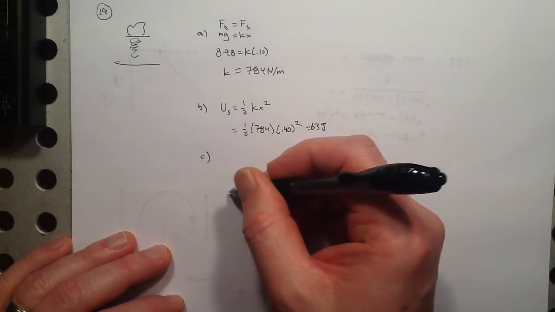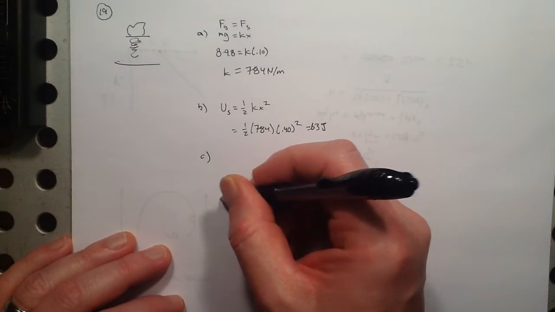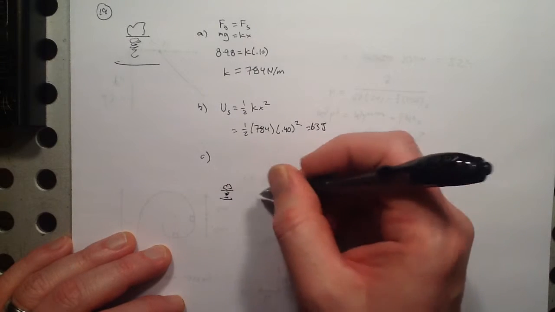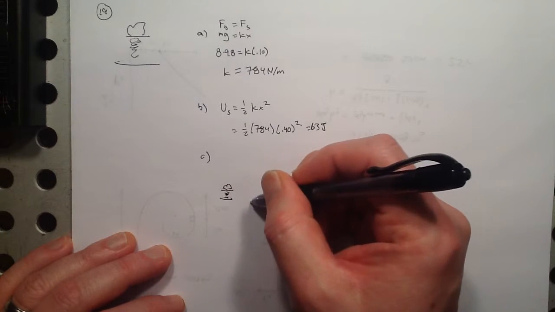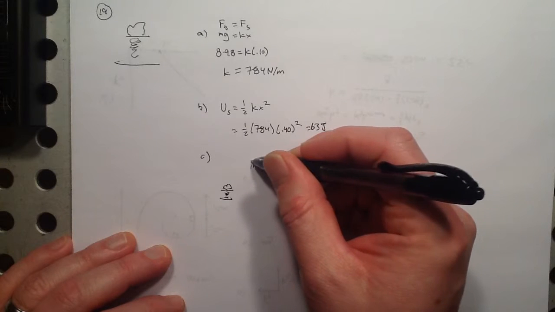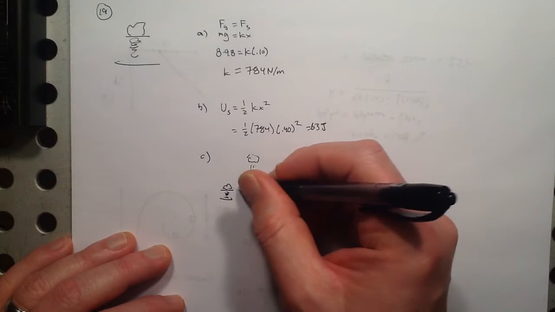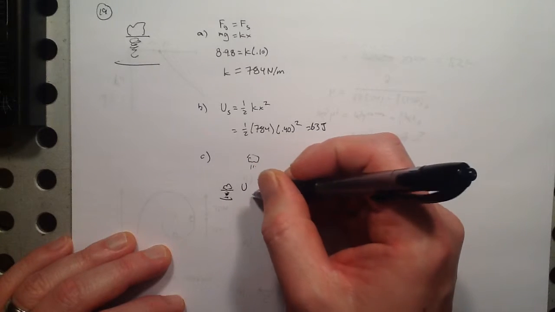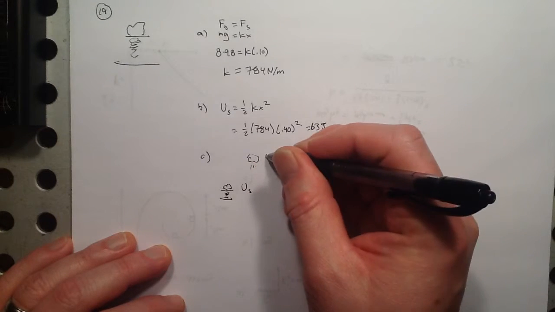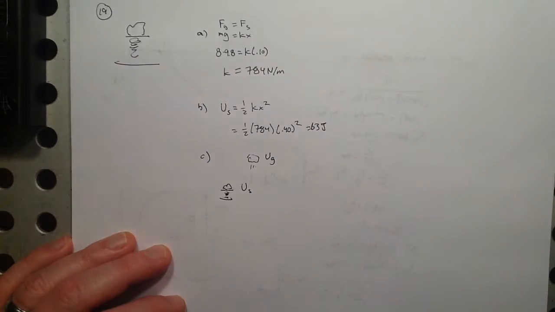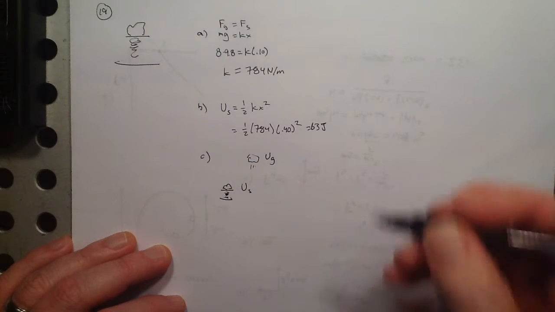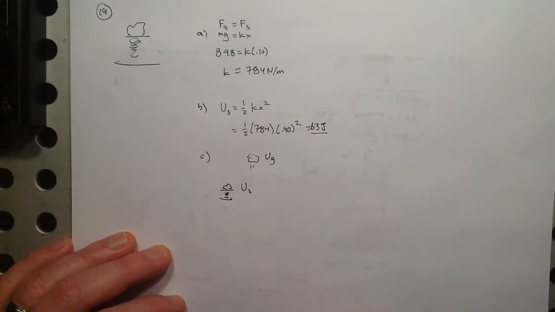Well, if you think about what's happening, we have this spring compressed with the rock on it, and then it's going to go up into the air, and at some point it'll reach its maximum height here. At this point here, all of the energy in the system is in the spring. At this point here, all of the energy is gravitational potential energy. And we know how much spring energy there is here.